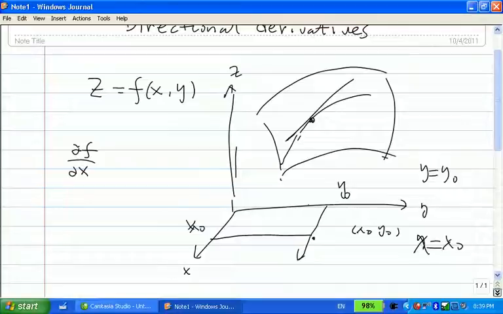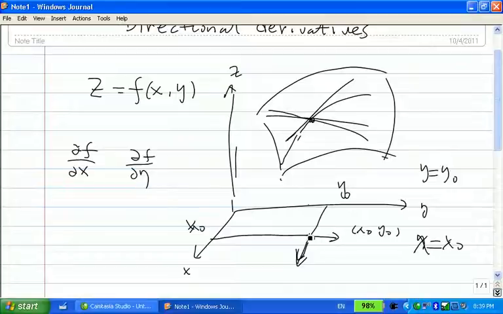Go up, intersect your surface, and you get another curve. Then partial f with respect to y gives you the slope of the tangent for that curve. So basically, fx is the derivative along one direction, and fy is the derivative along the other direction, basically along x and y.